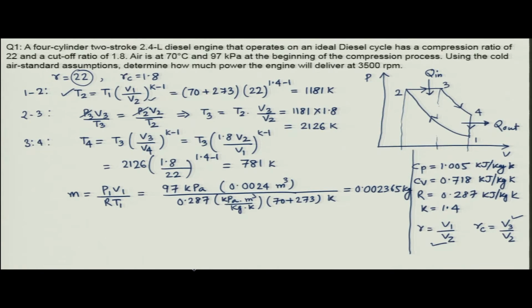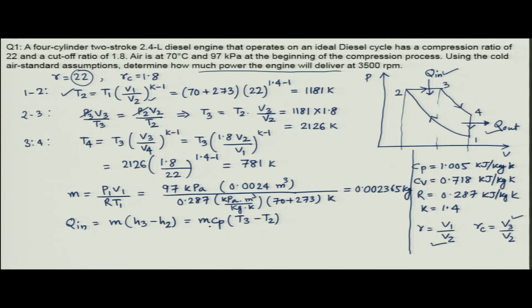Now, what we have to find is how much power the engine delivers at 3500 rpm. For this we need to find the net work output. Net work output can be obtained if I find the Q in, the heat transferred during the constant pressure process, and Q out. So, Q in is m times H3 minus H2, which I can write as m times Cp times T3 minus T2.